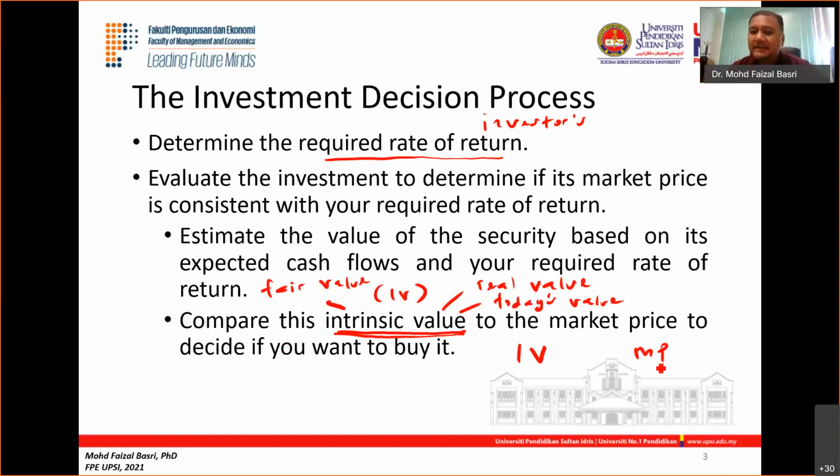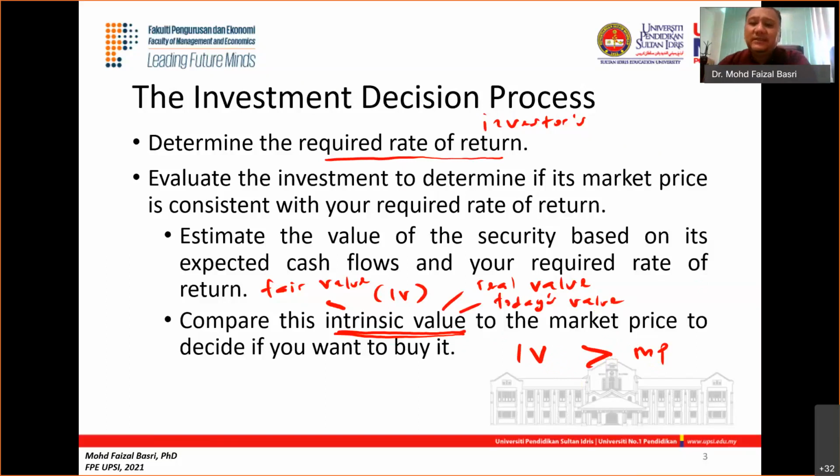The market price, like I said, is usually available in the market. We can check the current market price, what would be the selling price. But the intrinsic value, we need to do the analysis. There will be three possibilities with regard to the intrinsic value. Number one, if the intrinsic value is higher than the market price.